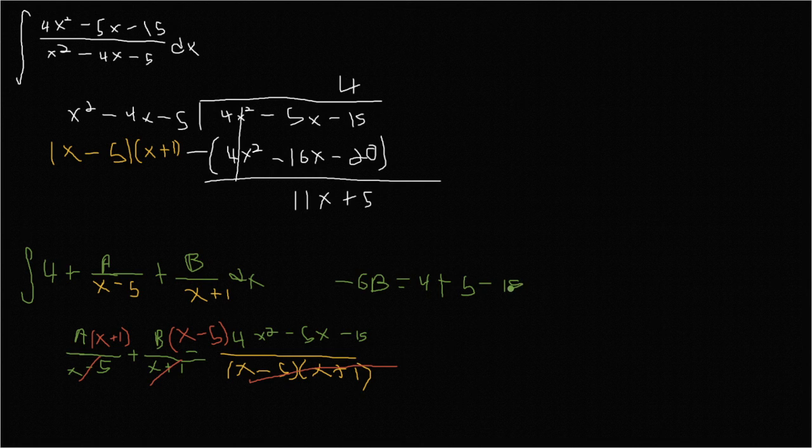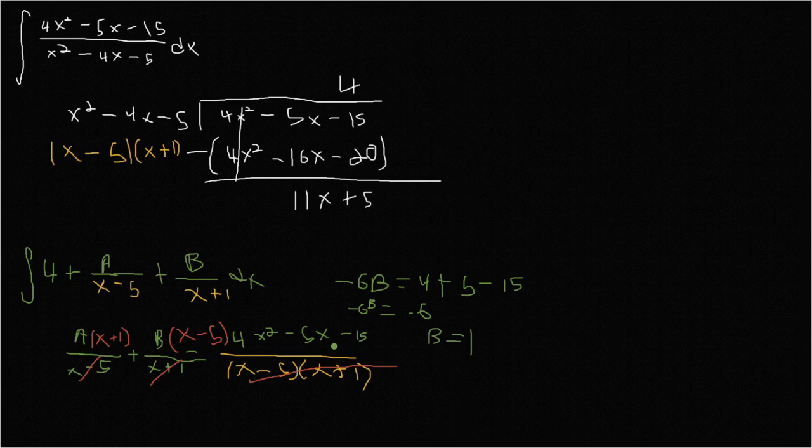So 9 minus 15 is negative 6. So b is going to be equal to positive 1, because negative 6 is equal to negative 6b. So the term over x plus 1 is going to be 1. So b is equal to 1.